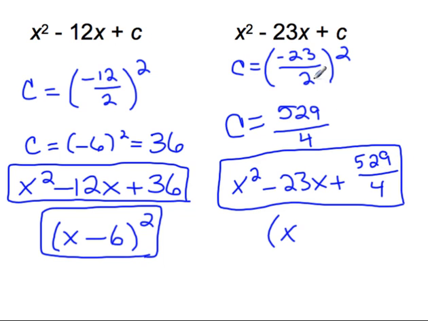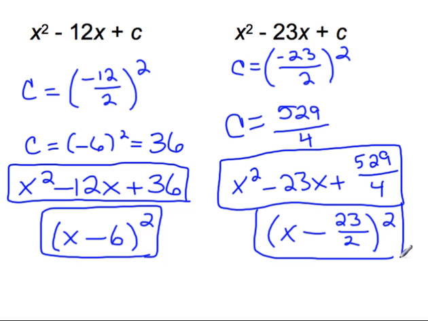Now if you really think about it, since this number right here is the square of this number inside the parentheses, really this all has to be minus 23 over 2 squared, because the square root of 529 over 4 is going to go right back to negative 23 over 2. So that is the answer as a binomial squared. Same thing happened over here. This minus 6 is what we had in parentheses before it was squared.